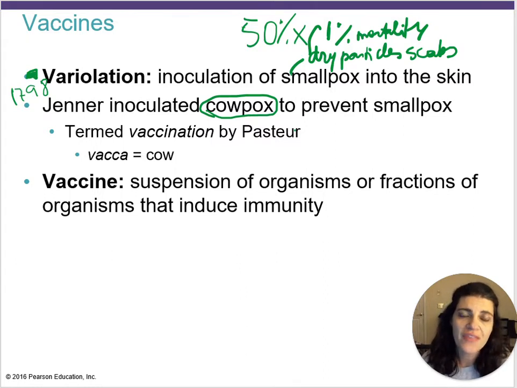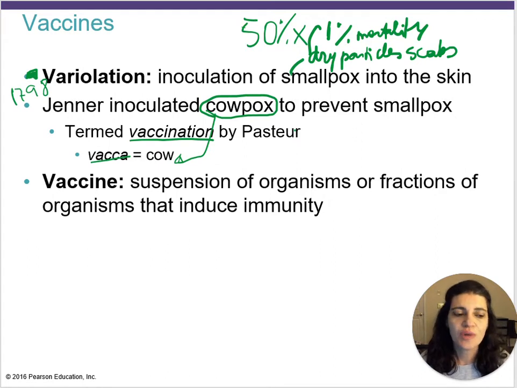And they saw that there was some type of cross-reaction between cowpox and smallpox because it would protect individuals from smallpox. And because cowpox came from cows, and cow in Latin is vacca, that's where Pasteur named the method vaccination.